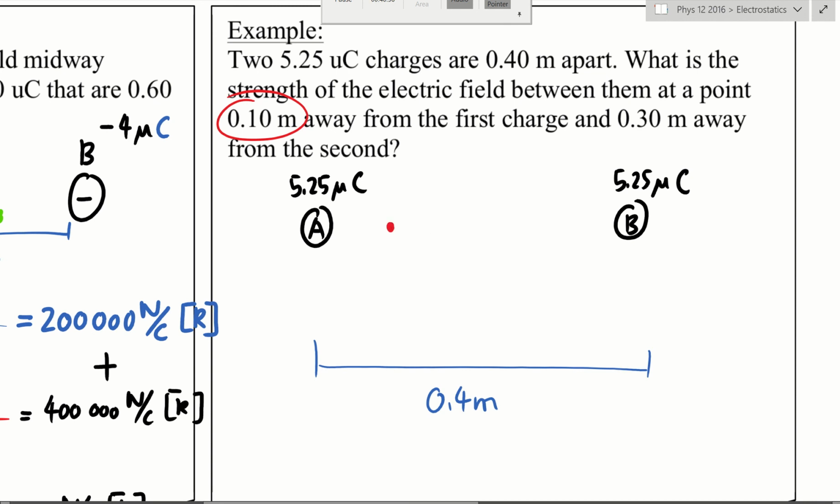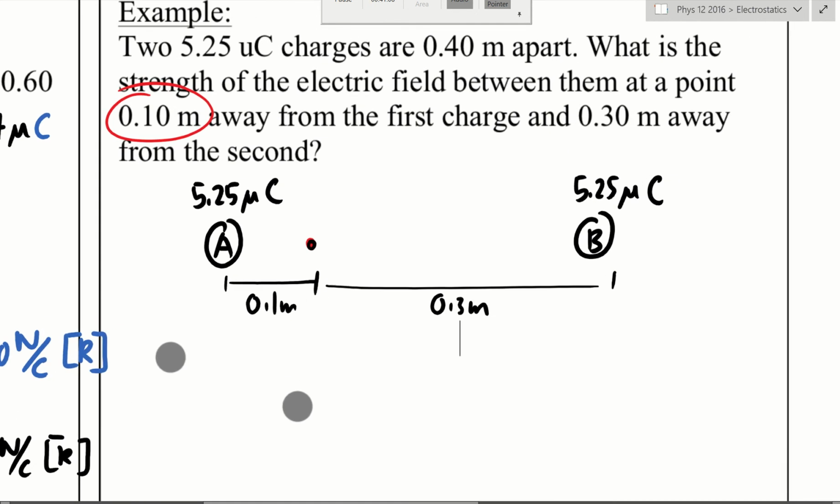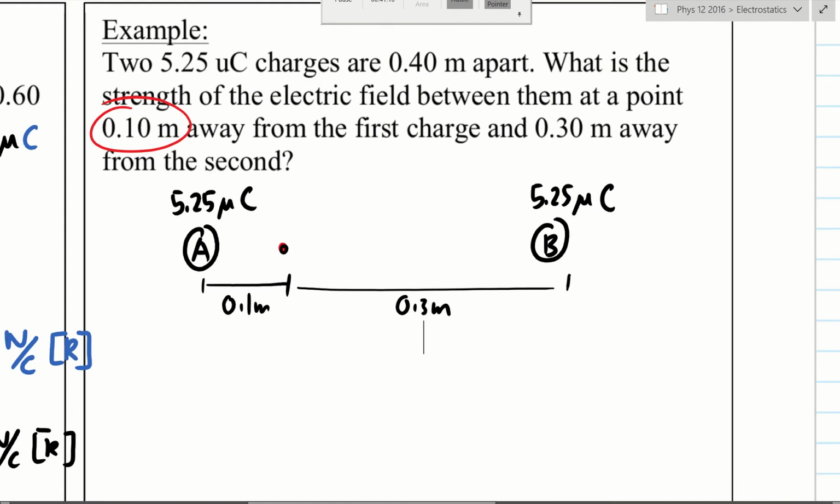So this point is 0.1 meters away from the first, 0.3 from the second. You don't need to know the location between the two charges. You need to know the location between the point that you want and those two charges. So you always use the location of the two charges to figure that out.